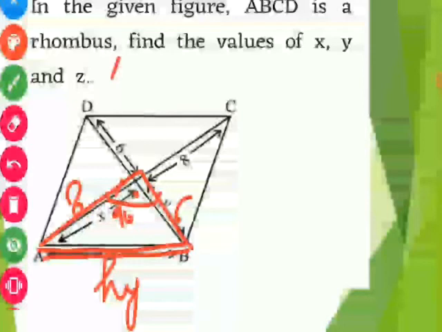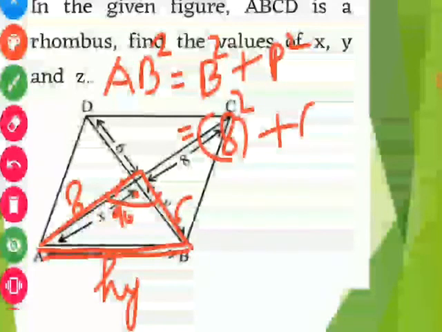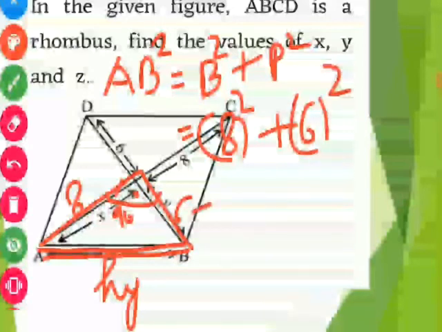So as you know, using the Pythagoras theorem, hypotenuse square is equal to the sum of the base square and the perpendicular square. The base and the perpendicular, let us write 8 square plus 6 square. 8 square is 64, 6 square is 36.